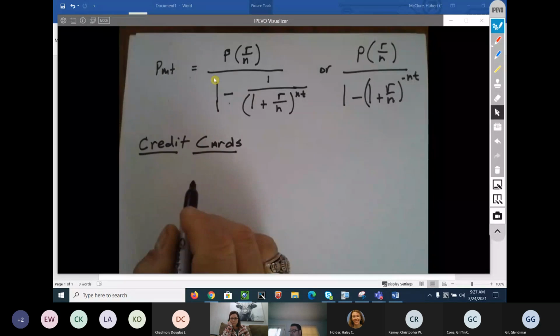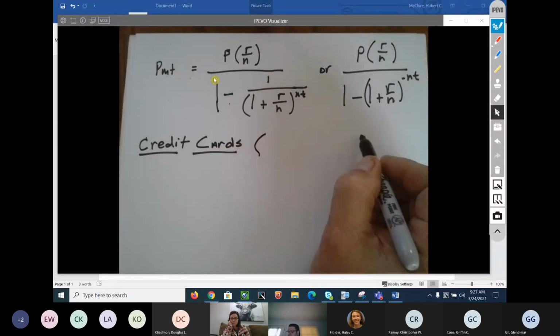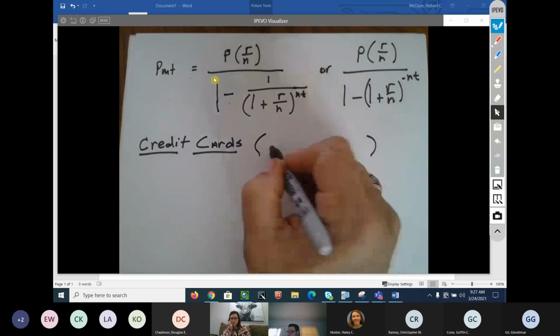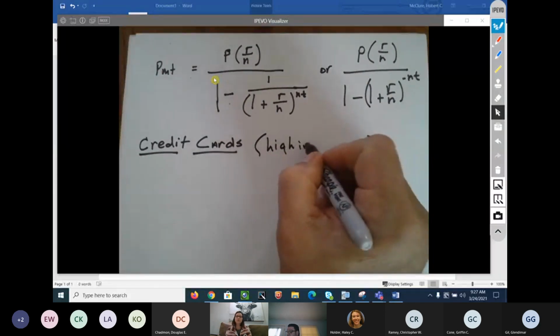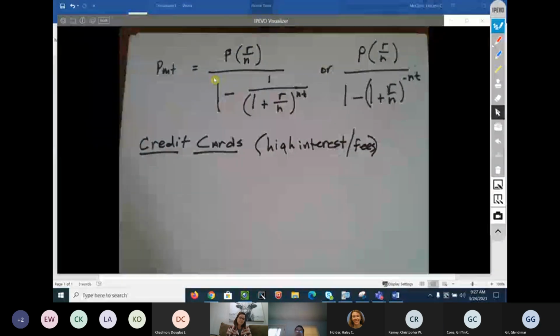And the reason credit cards are kind of a sham is because of high what? Interest and what? Fees. High interest. What do you mean? Well, they advertise 0% interest.